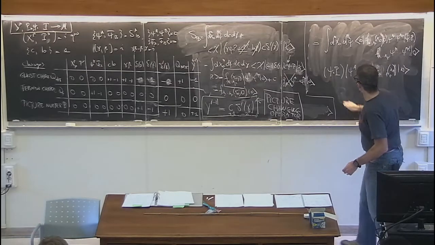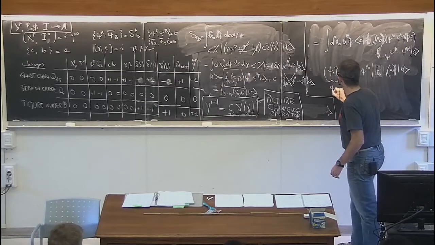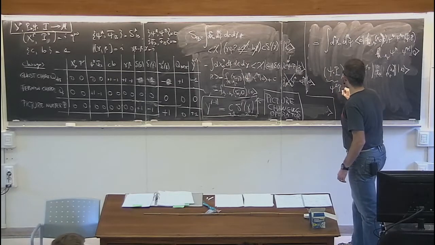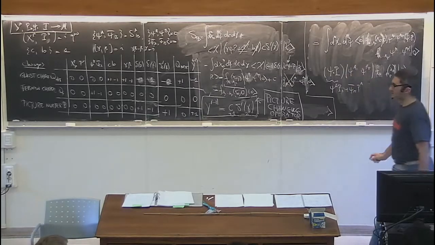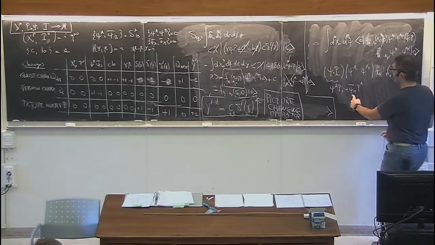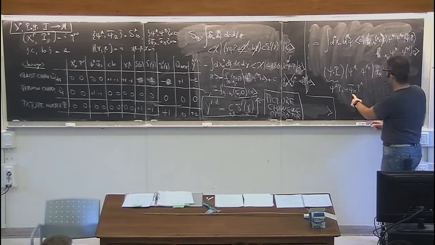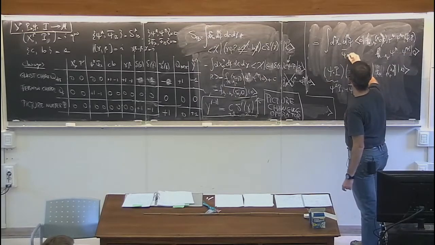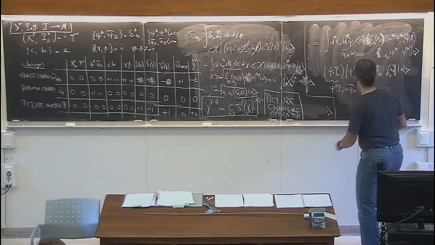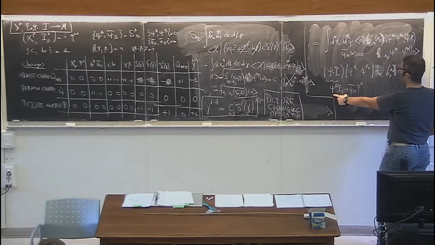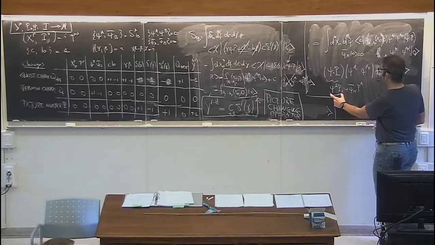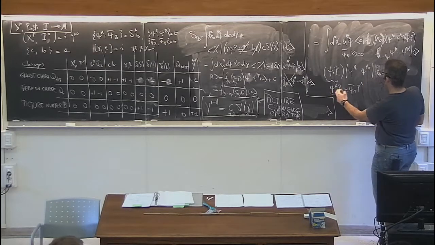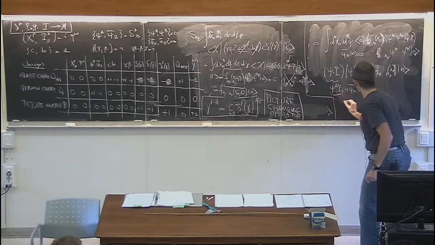This term has two pieces. One is psi a times p a, and the other is psi a. This is an annihilation operator, which annihilates the vacuum, so psi a acting on the vacuum turns out to be 0. And this is just a creation operator. So this is just a multiplication operator, which adds an additional psi, and this p gives you a derivative. So these terms give you something.